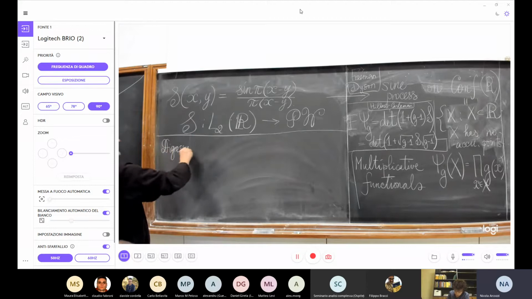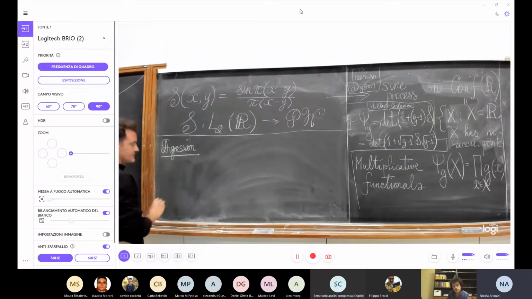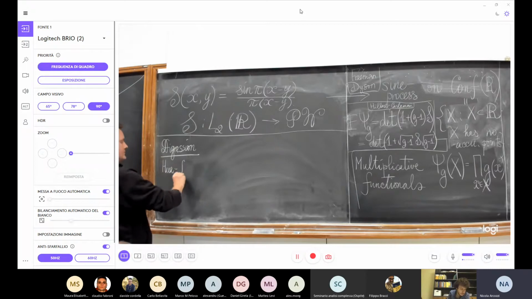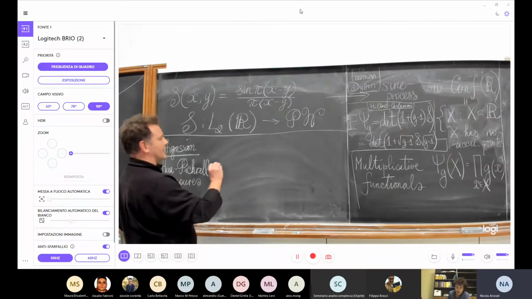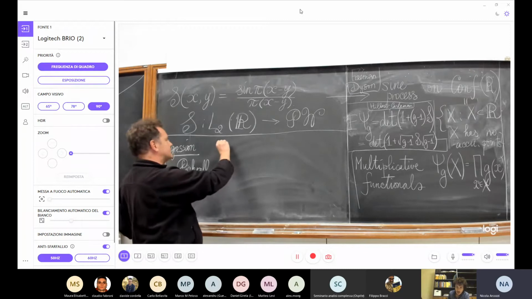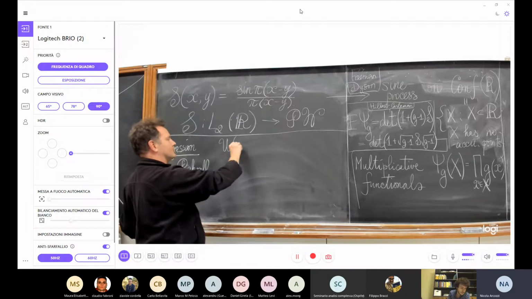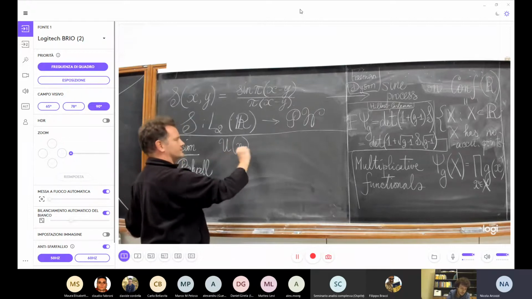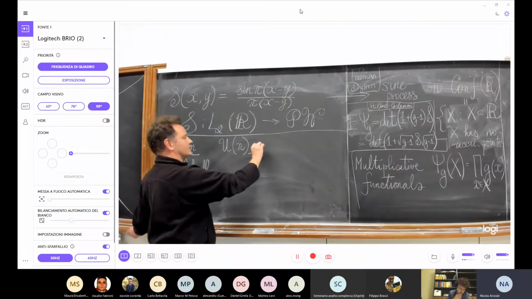One of the ways of precisely seeing the sine process, a little different from the original construction of Dyson, is through so-called Hua-Pickrell measures. One can consider the unitary group endowed with Haar measure.